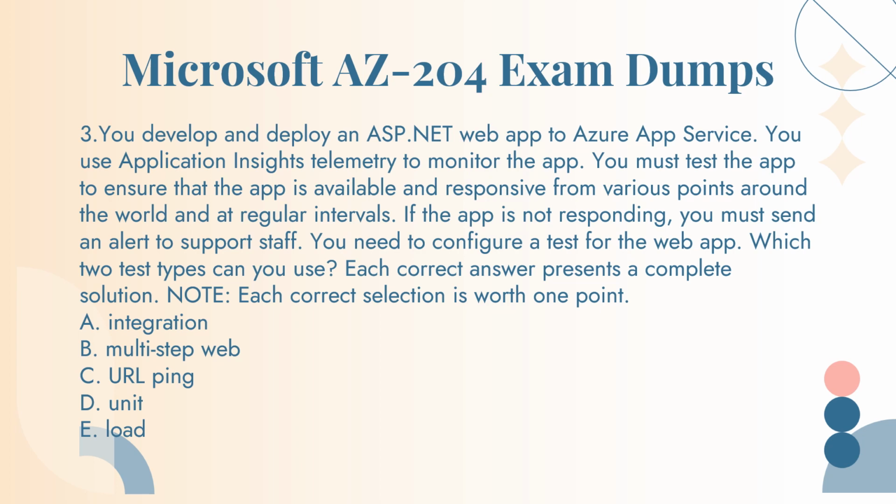You need to configure a test for the web app. Which two test types can you use? Each correct answer presents a complete solution. Note: each correct selection is worth 1 point. A. Integration. B. Multi-step web. C. URL ping. D. Unit.